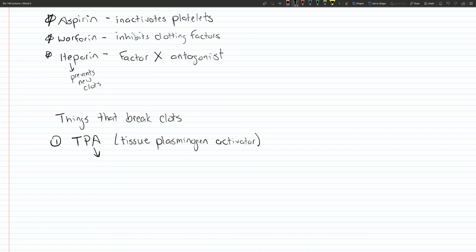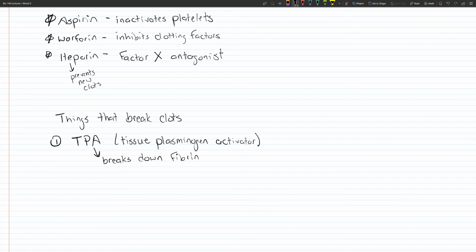It breaks down fibrin. This is one of the drugs that you can give people who are having heart attacks. If you can't get them to a cath lab, you can give them tissue plasminogen activator and it will break apart a clot and you can save a life.